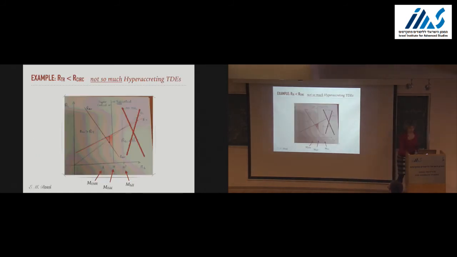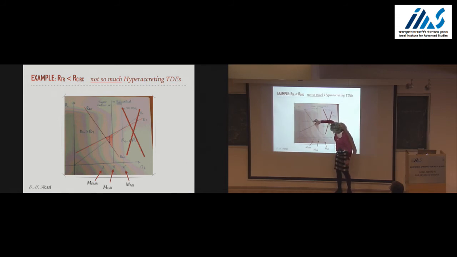Okay, so let's go back to this. Above this mass, TDs are not hyperaccreting because even the peak return rate is below Eddington. Below this mass, we are in the hyperaccreting regime.